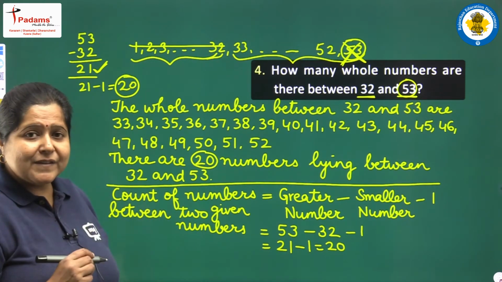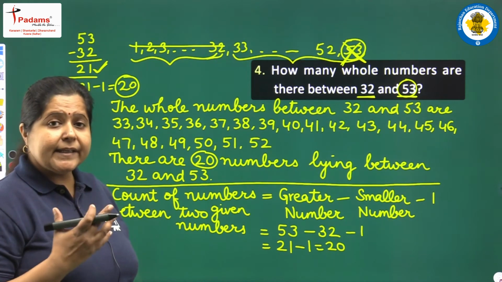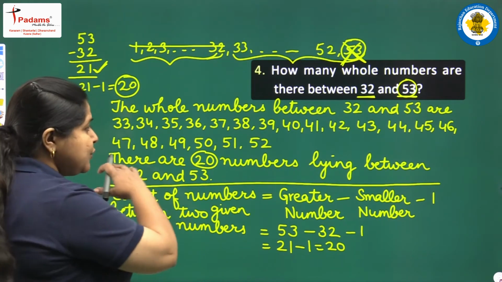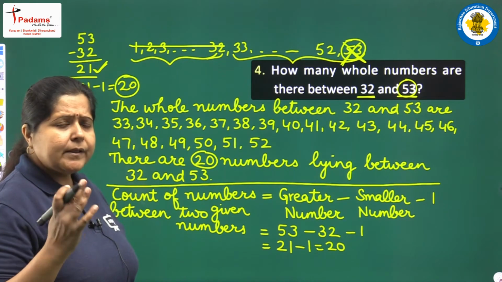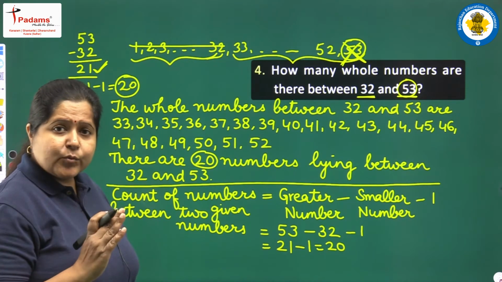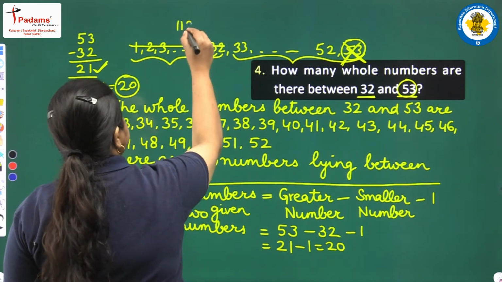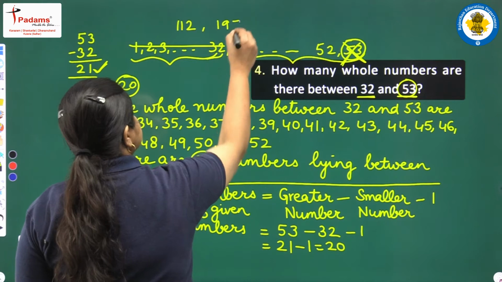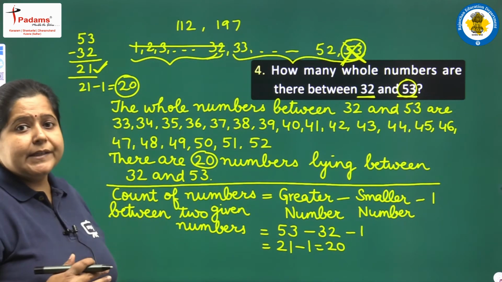Now suppose you are given some big numbers, then it will be difficult for you to first write down all the numbers and then count. Suppose I give one example. We have two numbers 112 and 197. We need to find the numbers lying between these two given numbers.